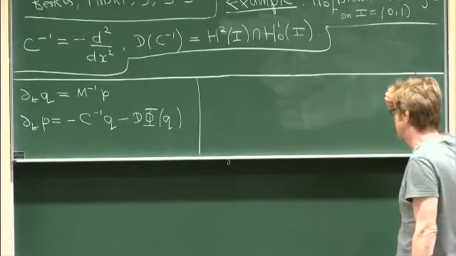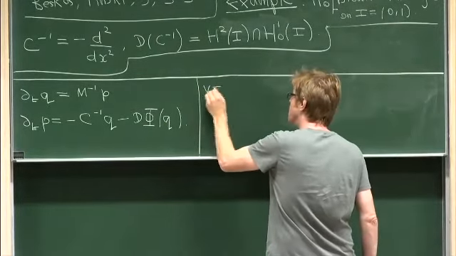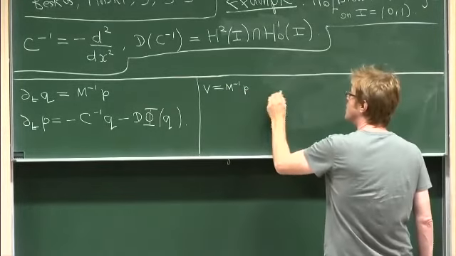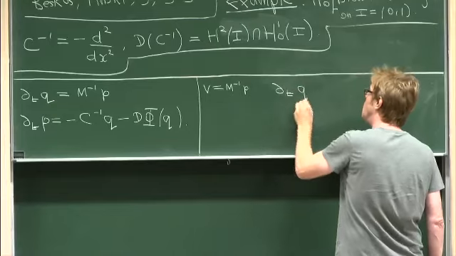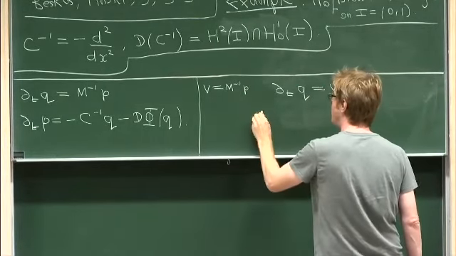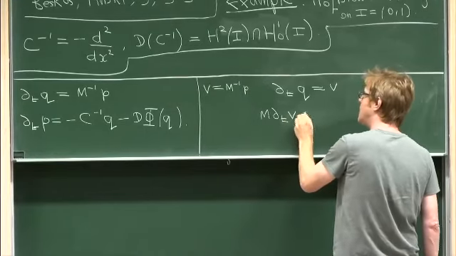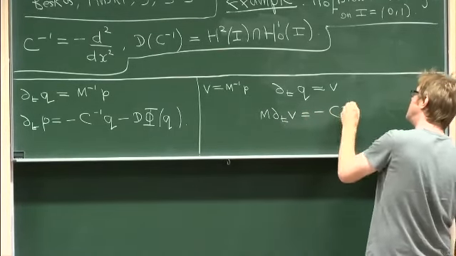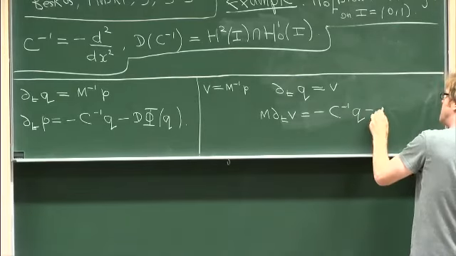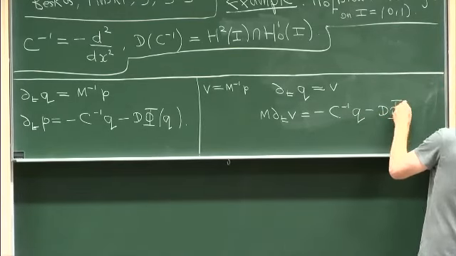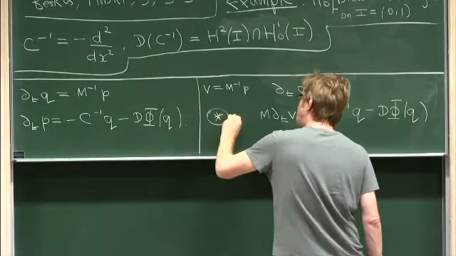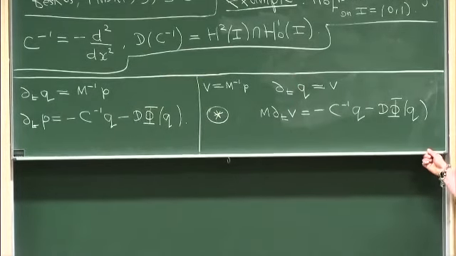And because it's convenient, I'm going to rewrite this in terms of the velocity variable, v, which is m inverse P, from which I get dtq is v, and I get P is mv, so I have m dtv is minus C inverse, which remember you can think of as a second order differential operator in the example, Q minus the derivative of phi at Q. And I'll call this system written in terms of v and q star.